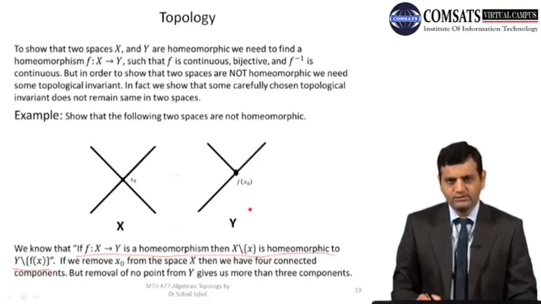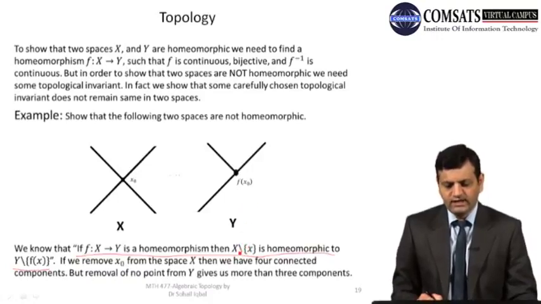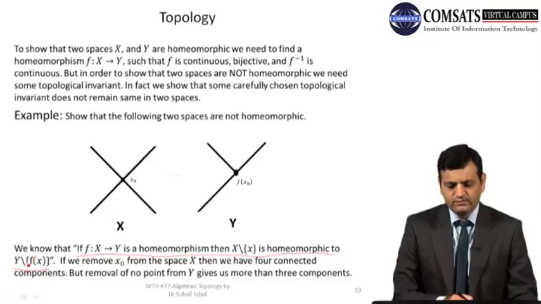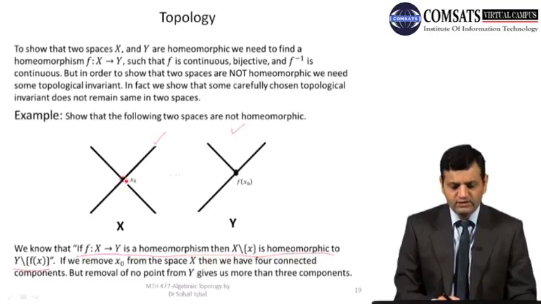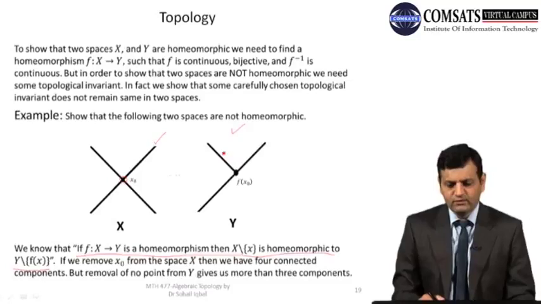So if we have two topological spaces which are homeomorphic, then taking one point x out of the set X should be homeomorphic to taking Y and then taking out f of x from this Y. For example, if this space X is homeomorphic to this space Y, then according to this result, if I take out this central point of intersection, which is named x naught, then this space should be homeomorphic to Y minus f of x naught.